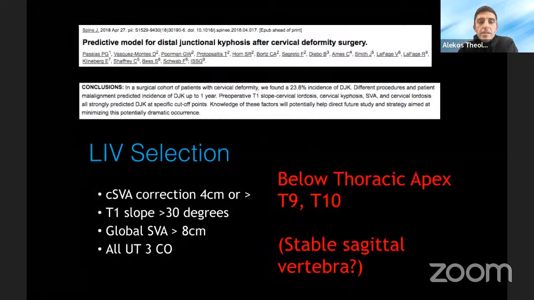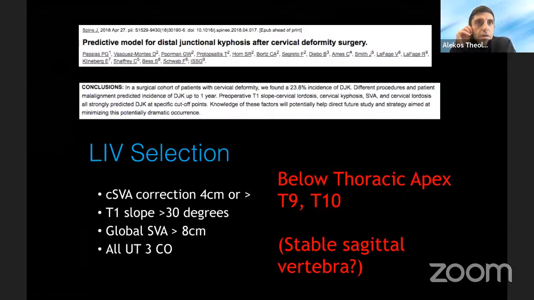There's a nice study from the ISSG that demonstrated that for patients who have a cervical SVA correction that's 4 centimeters or greater, or you anticipate that will be the case, a high T1 slope, a global SVA greater than 8 centimeters, and an upper thoracic 3-column osteotomy, stopping below the thoracic apex at T9 or T10 is maybe a better way of preventing DJK.